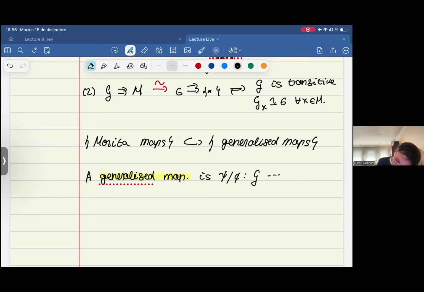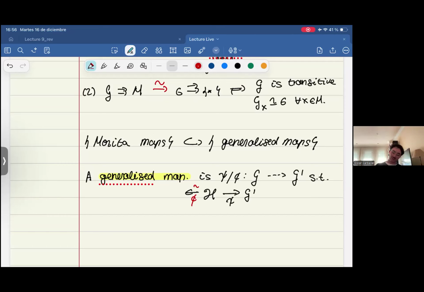It's from a Lie groupoid G, denoted with this continuous line, onto another Lie groupoid G prime. It consists precisely of another third Lie groupoid H. We have the map psi here, the invertible map, which is the denominator in this notation of fraction, and the numerator is precisely our phi, which is a Morita map.